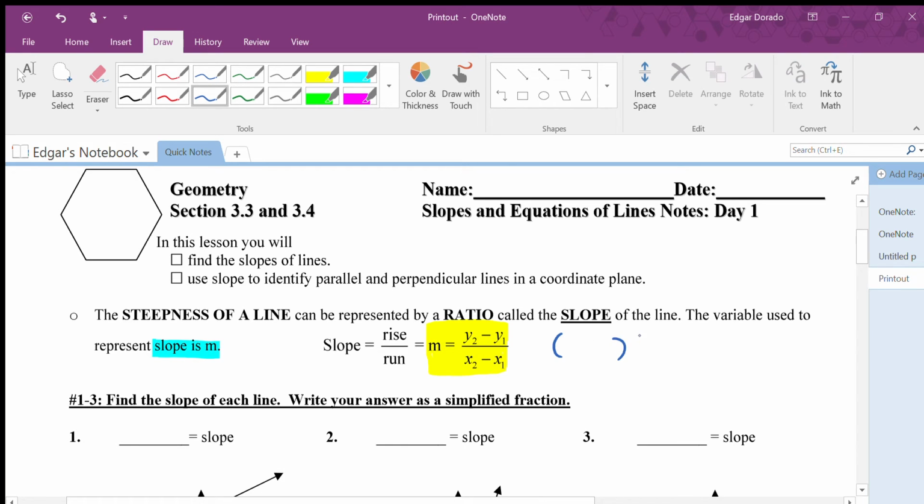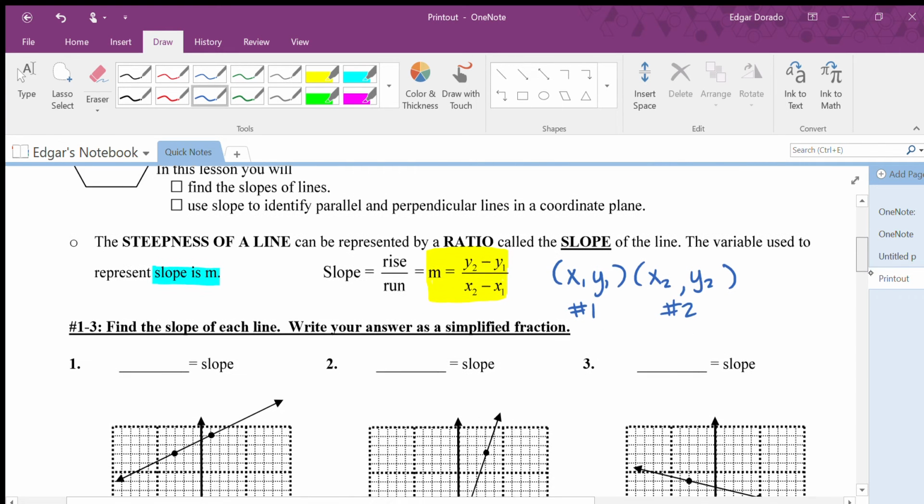Those numbers come from x1, y1, my first point, point number 1, and point number 2, which we respectively call x2, y2. So we take y2 minus y1 to find out how much it rose or fell, and then x2 minus x1 to see how much it shifted left and right.